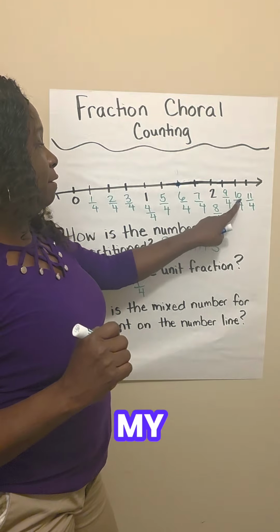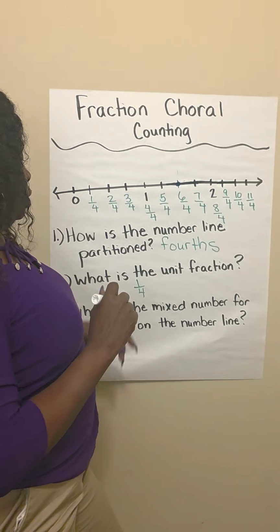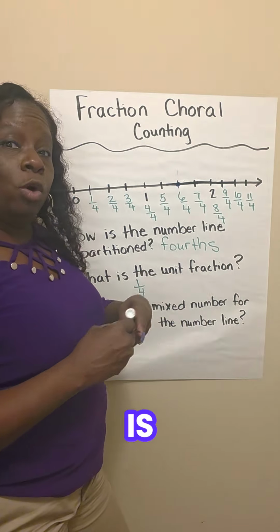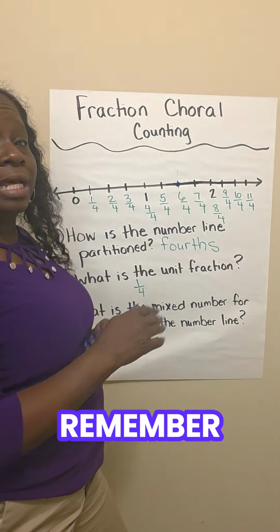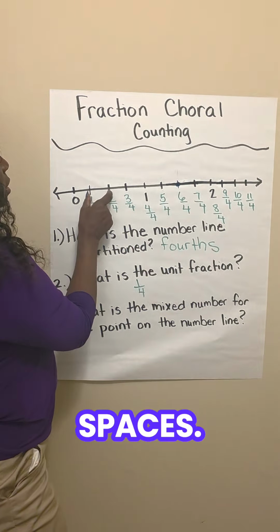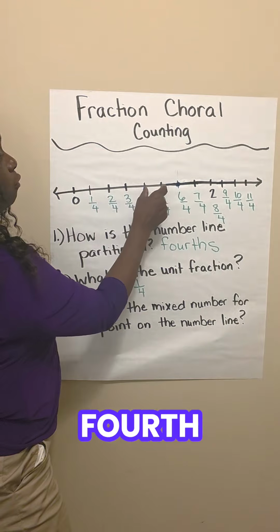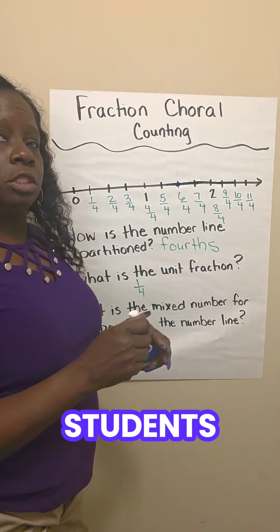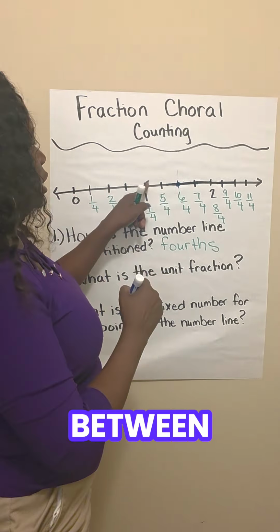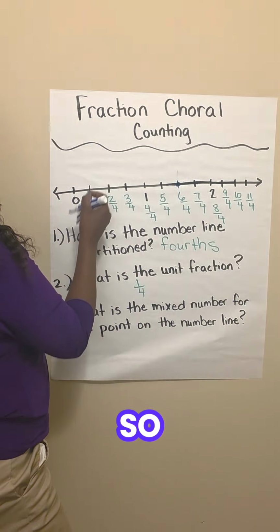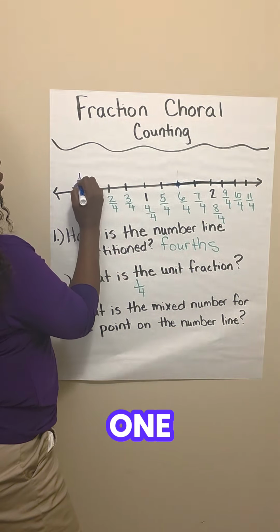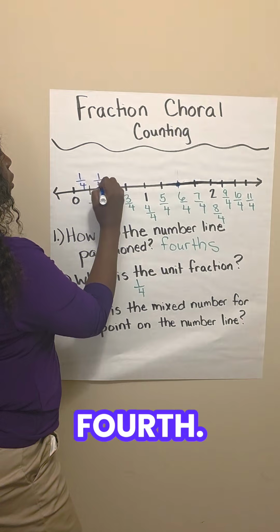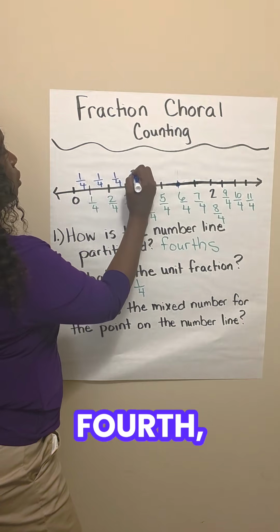Now that I have my fractions on the number line, we said that our unit fraction is 1/4. Well, where is that 1/4? Remember what I said? It's the spaces. These are 1/4 pieces. I like to have the students write 1/4 in between each one of these spaces, and they say it: 1/4, 1/4, 1/4.